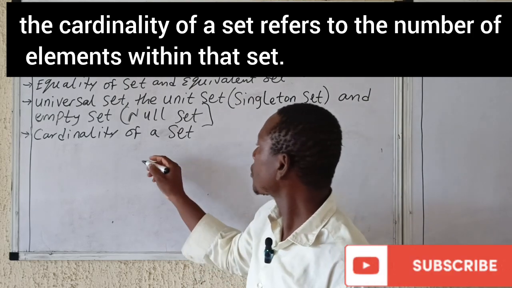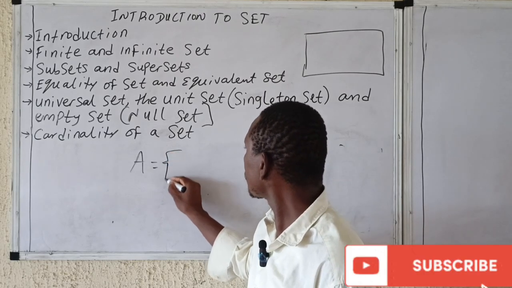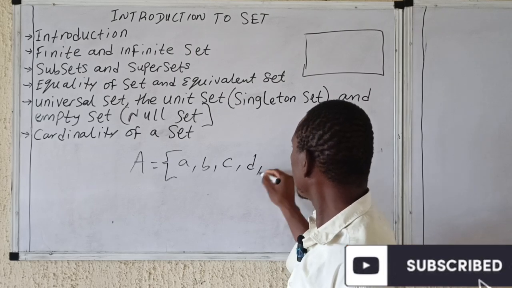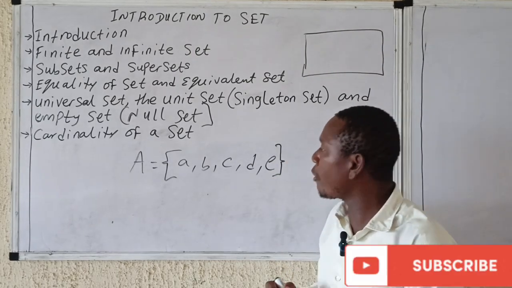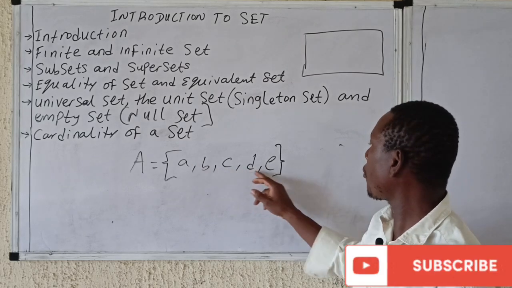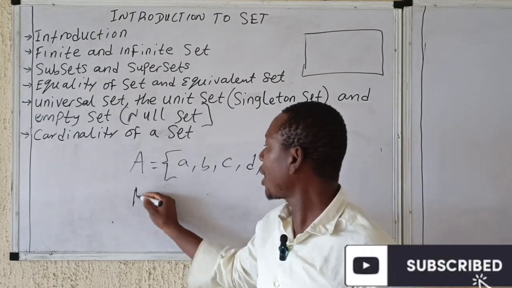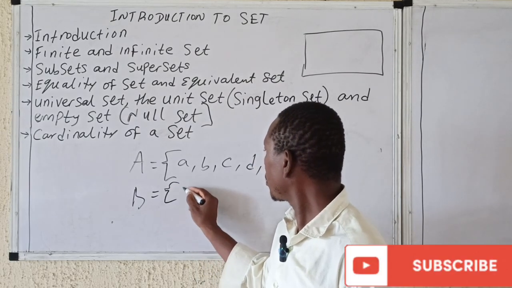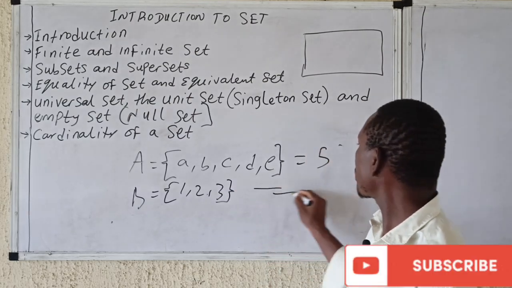For example, let's assume that we have a set A with A, B, C, D, E. What's the number of elements in this set? 1, 2, 3, 4, 5. So the cardinality of this set is 5. While set B, we have 1, 2, 3. The cardinality of this set is actually 3.